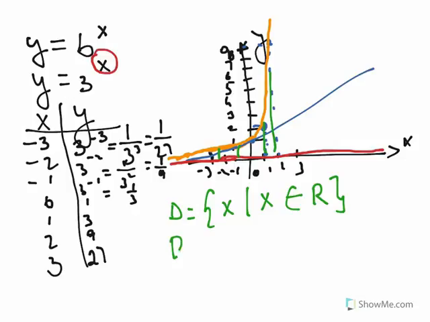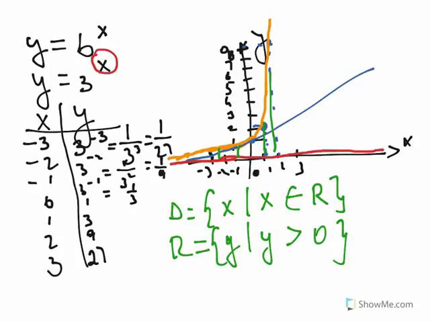For the range, as you can tell from the graph, on the negative side of the y-axis we don't have any graph. Our graph starts from 0 and up. So we can say y such that all the y's are greater than 0. Now, a good discussion at this point is, can we include the 0 or not?